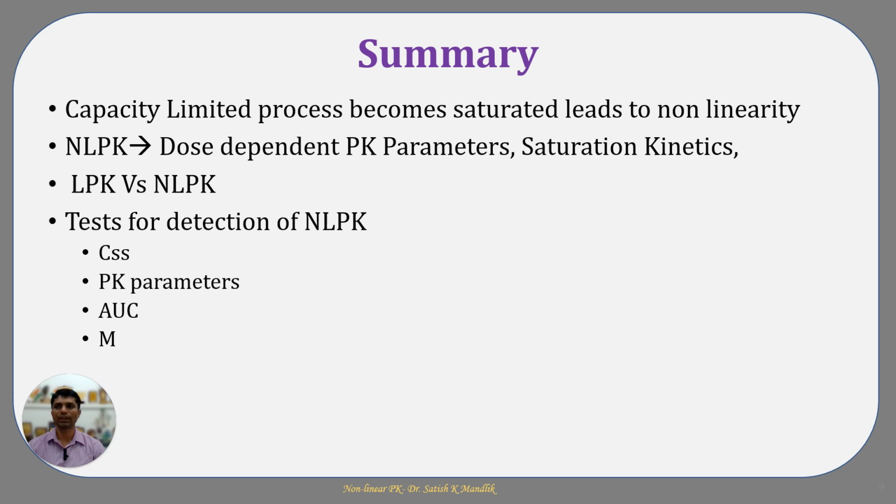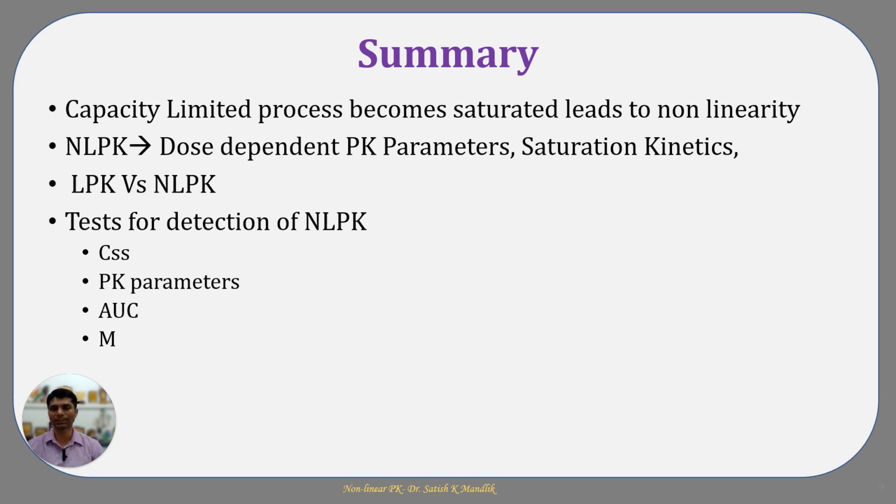So what did we learn in this part? We understood that a capacity limited process becomes saturated, which leads to non-linearity. That capacity limited process may happen in absorption, distribution, metabolism and excretion, and that shows non-linear pharmacokinetics.